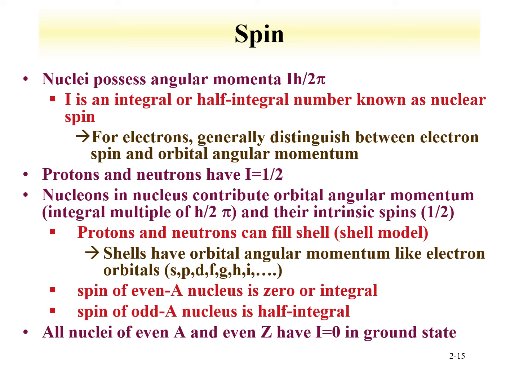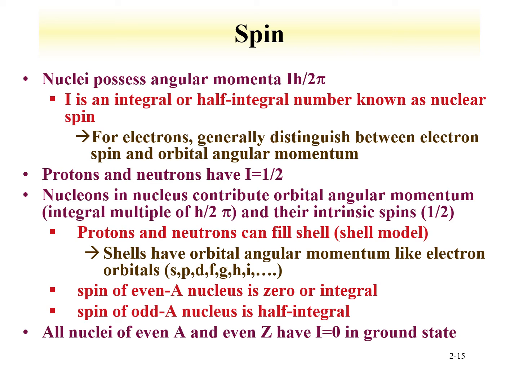The nucleons in the nucleus contribute to the orbital angular momentum and the nuclear spins in a nucleus. Basically, what we're going to learn when we talk about the shell model is that the spin of a nucleus is determined by the unpaired nucleons. So if I have an even number of protons and an even number of neutrons, there's no spin.